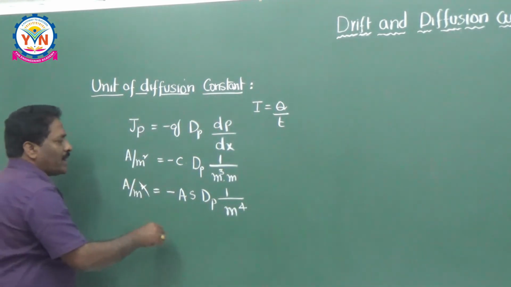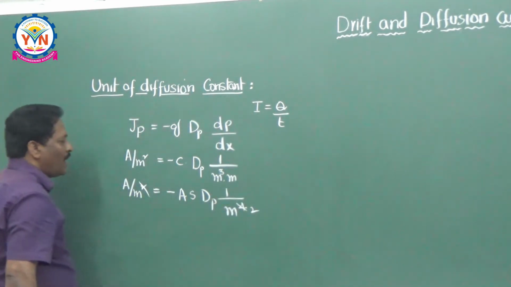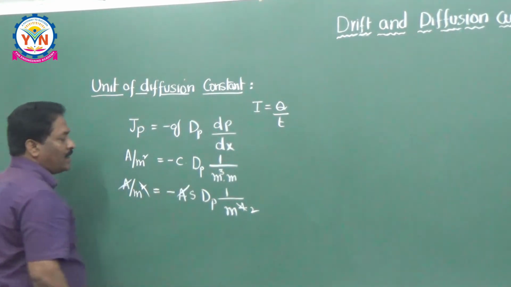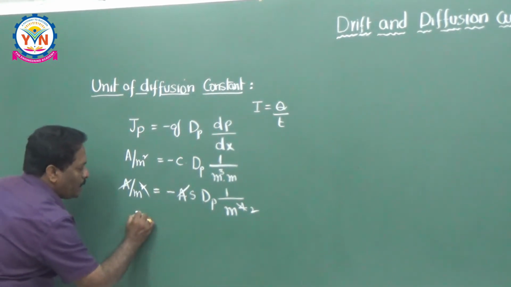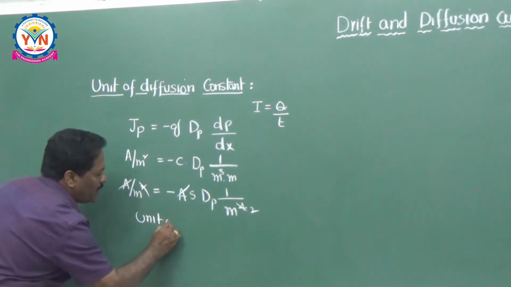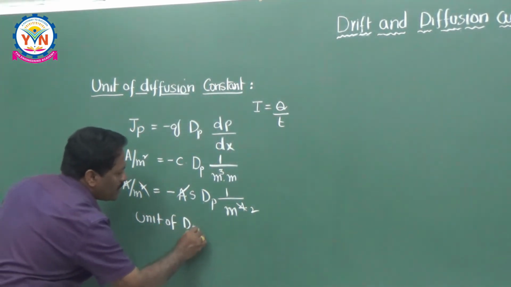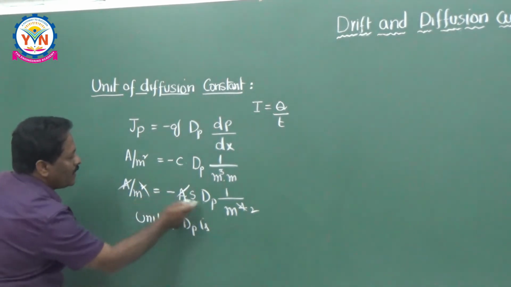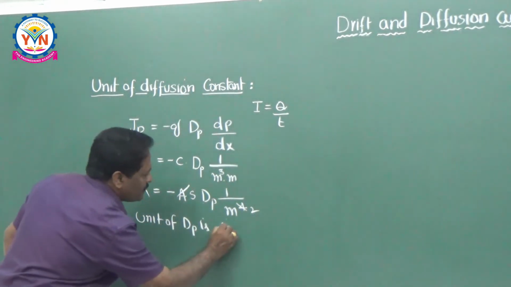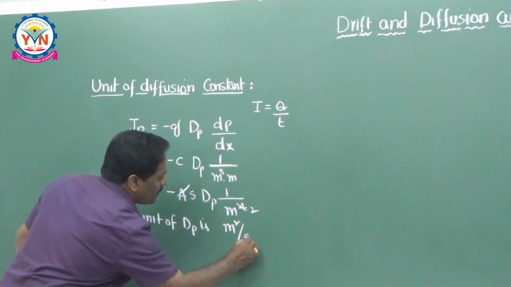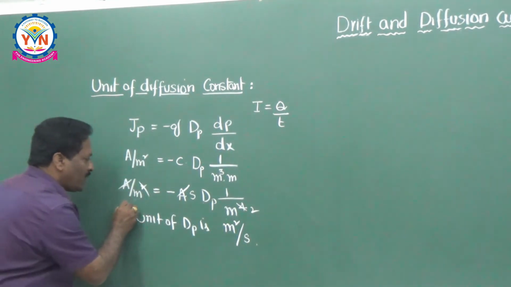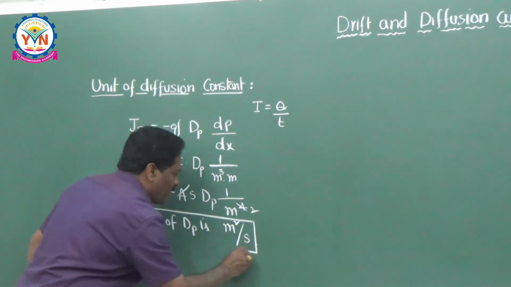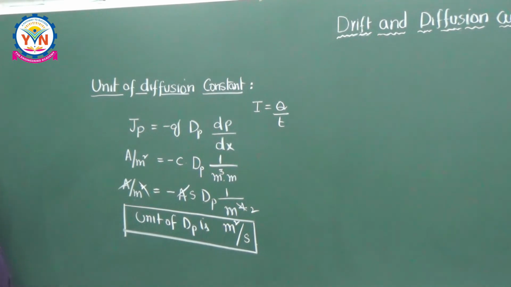Ampere will be cancelled. Therefore, the unit of Dp is meter square per second.